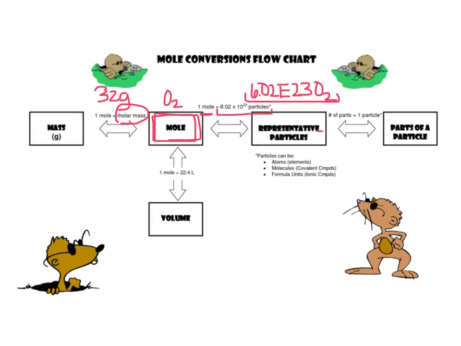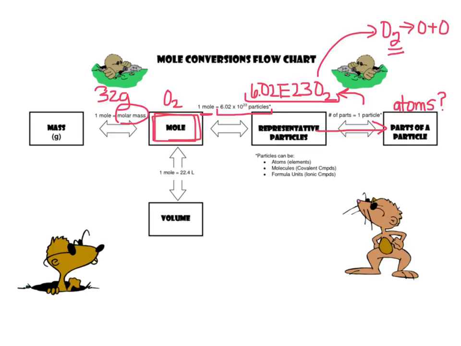And in theory, we could take this a step further. If we said, okay, so this is how many particles of oxygen we have, what if I wanted to know how many actual atoms that would be? Well, every oxygen, O2, actually consists of 2 atoms.